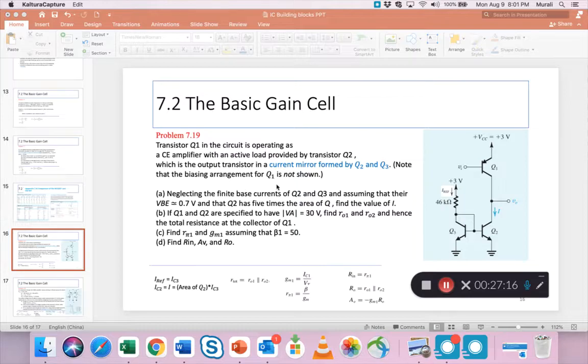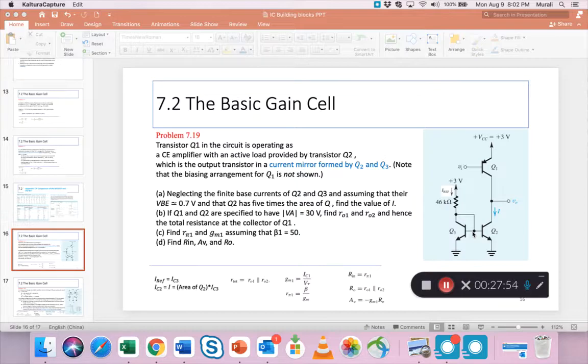So note that the biasing arrangement of Q1 is not shown. I mean, we have shown this VCC, but that's it. We don't see much on the base side of the PNP transistor. So now we know that there is a current mirror in BJT form. What do we need to learn? Neglecting the finite base currents of Q2 and Q3, so it's not zero, right?